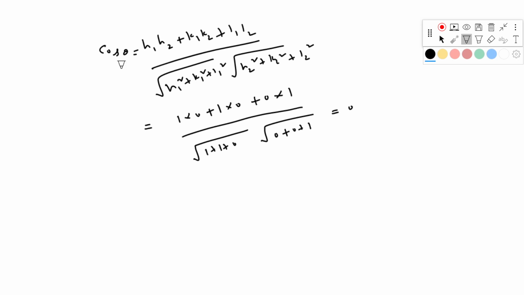So the answer is 0. So cos theta equal to 0, that means cos 90 equal to 0, so theta equal to 90 degrees. So this is the first question answer.